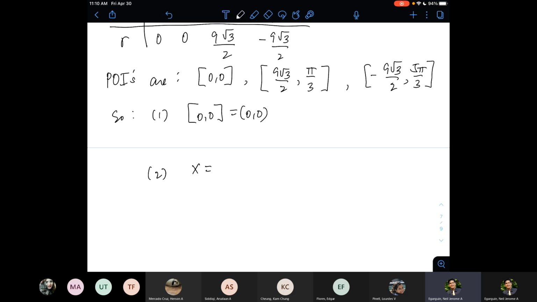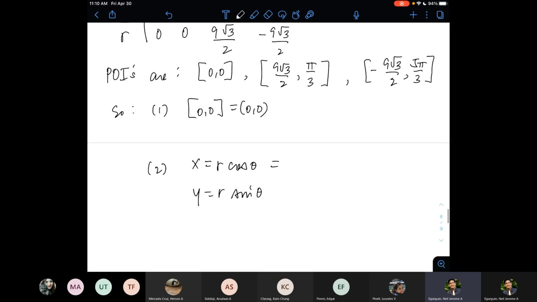The x and y components are computed as r cosine theta and r sine theta respectively, right? So for the second point, we use these two guys for r and theta. So for the second point of intersection, we have 9 root 3 over 2 times cosine of pi over 3, which is 9 root 3 over 4.